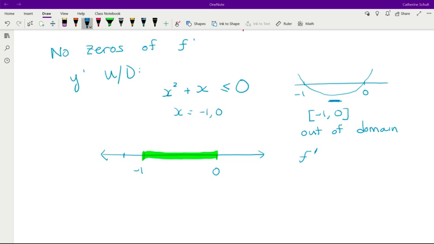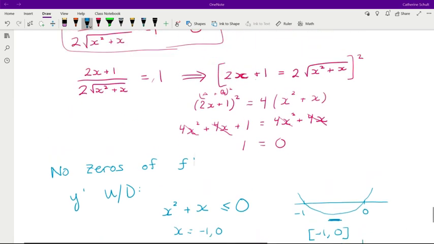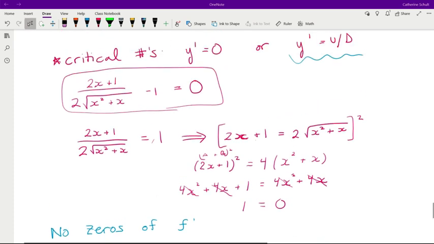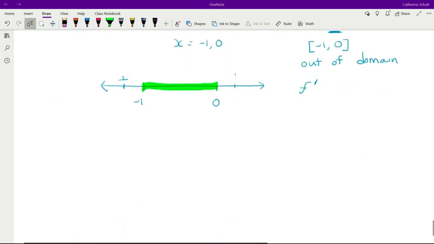So we can find some test points, maybe -2 and -1. Where's f prime again? It's a little complicated. Okay, so here's our f prime. So complicated, right? I'm going to write it up here so I don't have to keep referencing it. All right, so let's put in our test point.